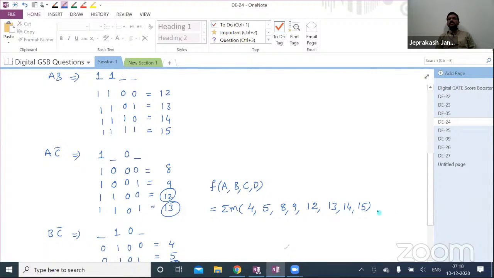Any doubt is there up to this step? If you're having any doubt, you can ask. Is it clear? Any doubt is there? Please respond. Yeah, clear, right?